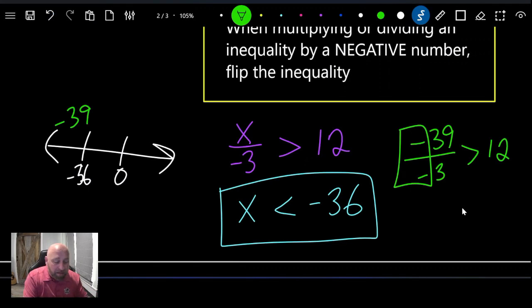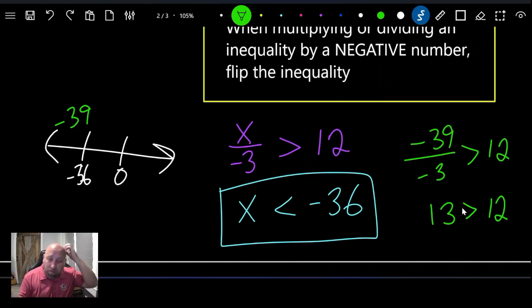The negative negative is going to cancel out, and when we divide this out, we're going to get what? We're going to get 13 is greater than 12. Is that true? Yes, that's true, because we had a positive 13 is greater than a 12. That is true. Now, if it was negative, then that would be different. But this is positive, so 13 is greater than 12.